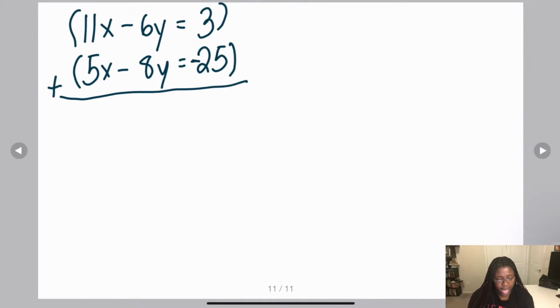The only way to do that is to multiply this top one by what number? Anyone in the chat know? If I want negative 6 to now be 24, positive or negative, what number do I need to multiply negative 6 by?